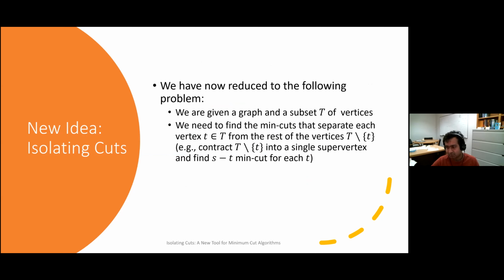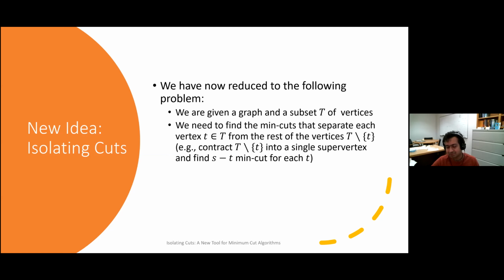If I'm able to find the minimum cut for each sampled vertex from the rest of the sampled vertices, then reporting the minimum among all of those cuts will give me the global min cut, because of this property that one of the cuts that separates a single vertex from the rest of the vertices in my sample must be the global min cut itself.